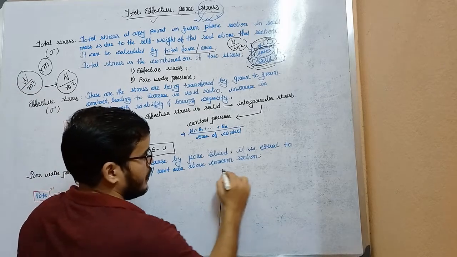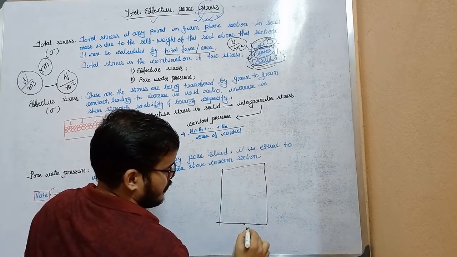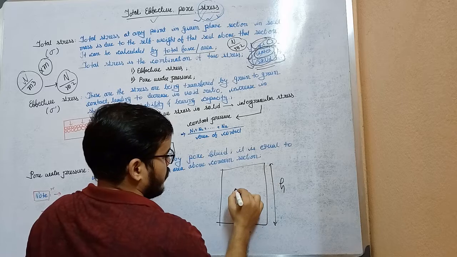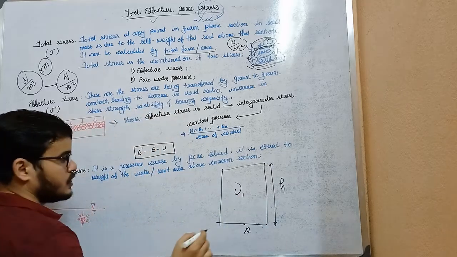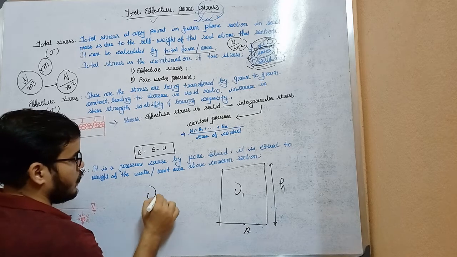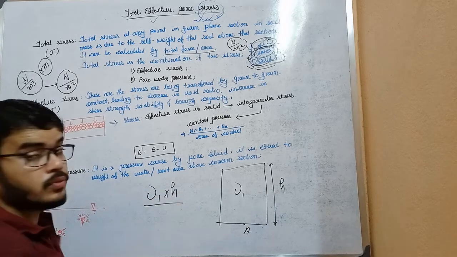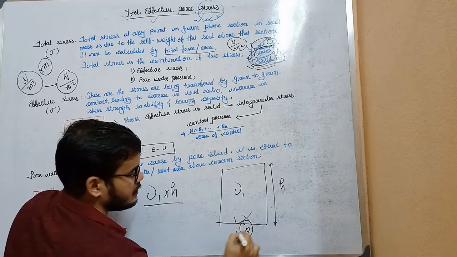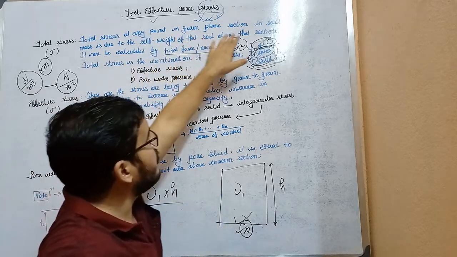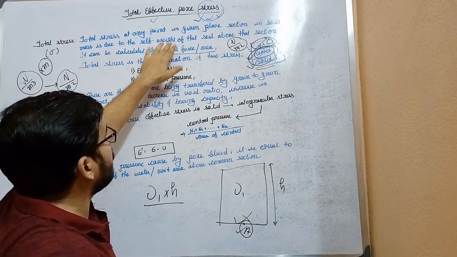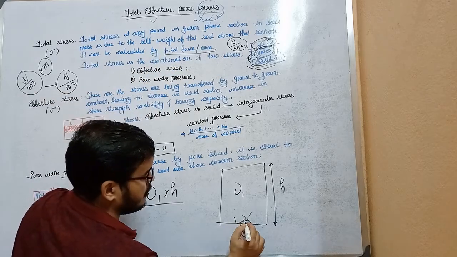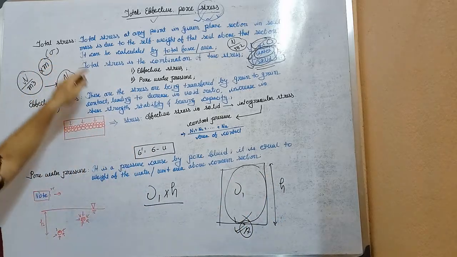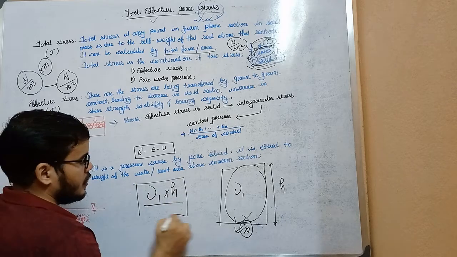Look at this diagram. This is a point A, this is height H, and the unit weight of this soil is gamma 1. So stress at point A will be gamma 1 into H. Now look at this definition: total stress at any point A in a given plane section in a soil mass is due to the self weight of the soil above that section, the self weight of the soil above this point A. That is total stress. So how can you calculate it?